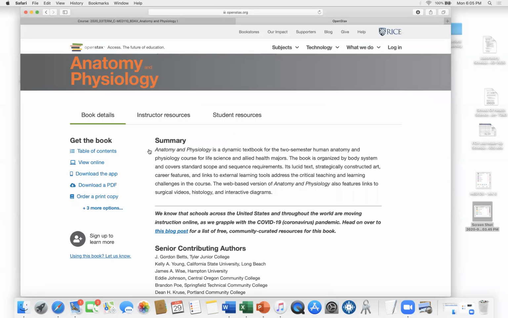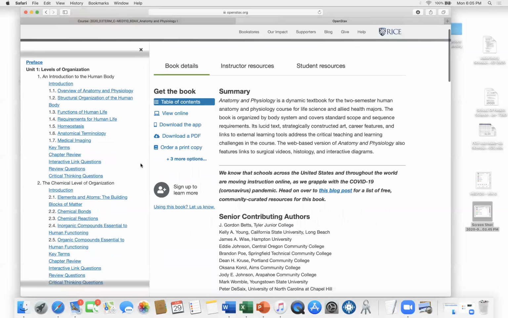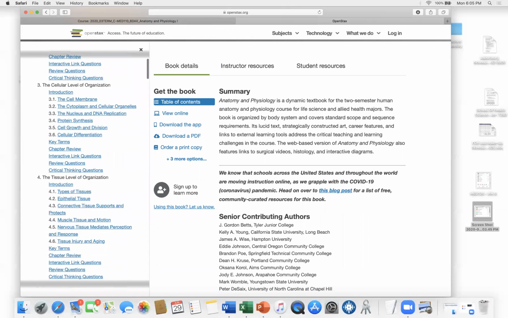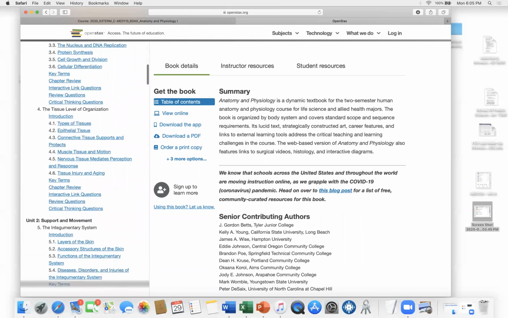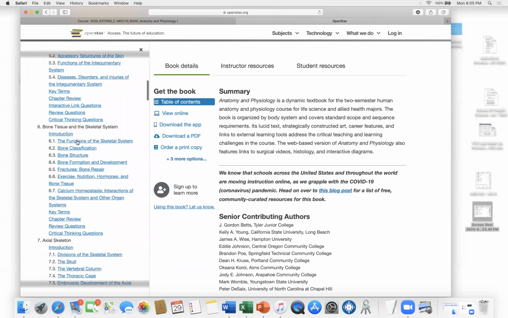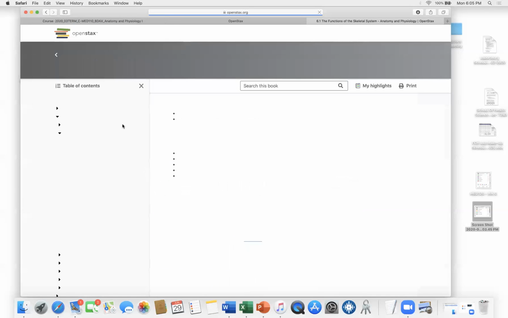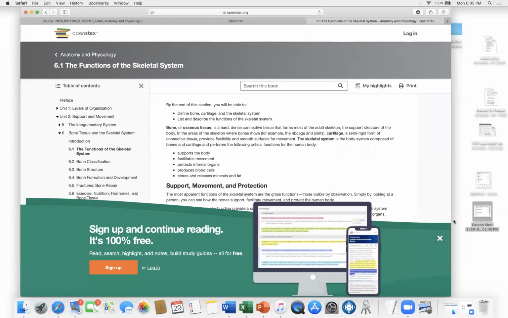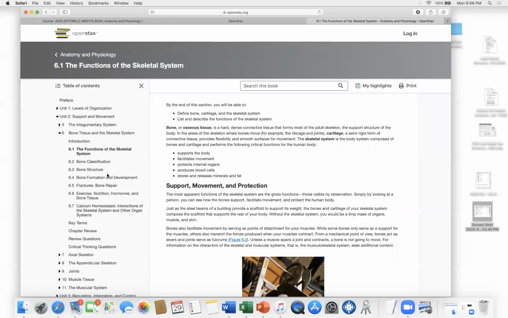So, book detail, table of contents, and I'm looking for bones. There's muscle, there's integument. Here you go. The skeletal system. And this is neat because it goes straight down the line of our topics right here. Let me move this out of the way.